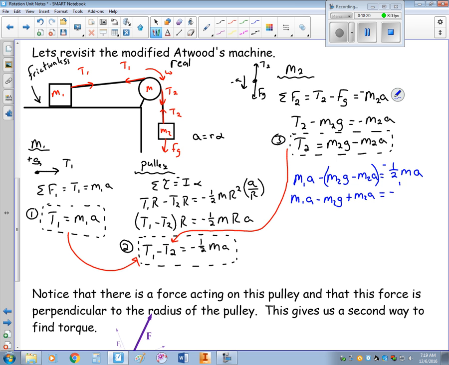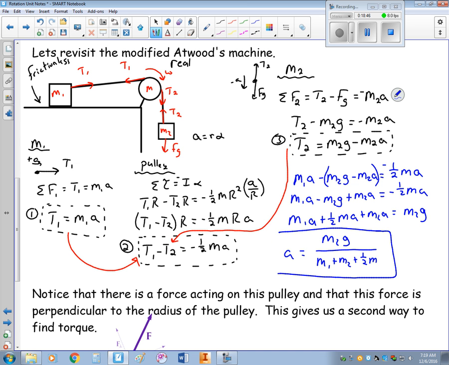There we go. And then I find that the acceleration gives me that expression right there.